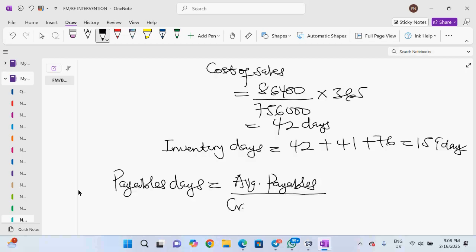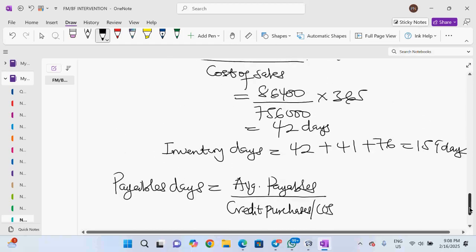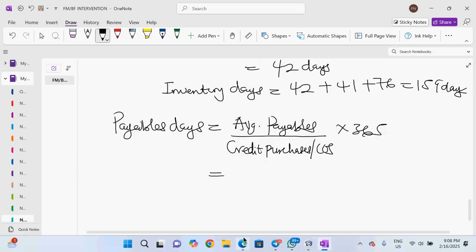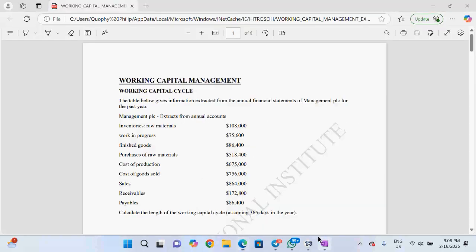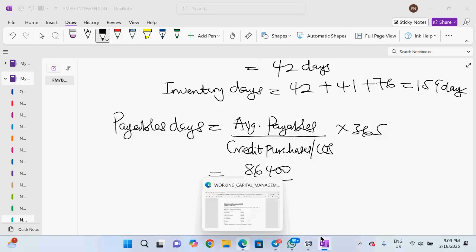So the formula is average payables over credit purchases or the cost of sales, times 365 days. What is the average payables? Payables is 86,400. All over the credit purchases.